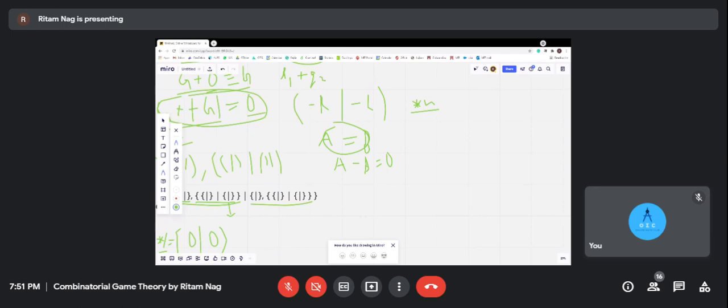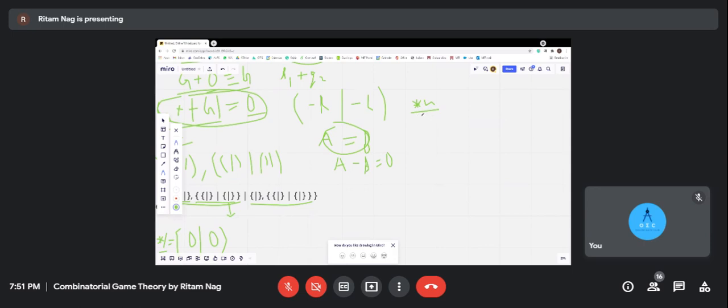Could you repeat the claim? My claim is this one, or the one that minus G equals G for impartial games. Which one do you want me to repeat? The claim that star n will be equal to.